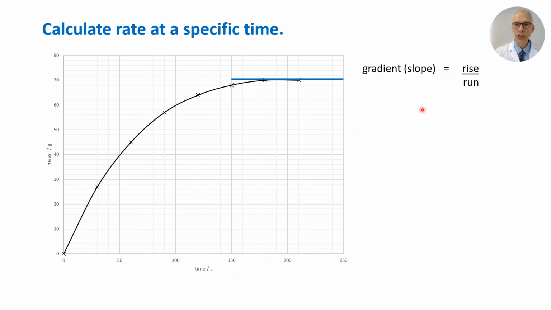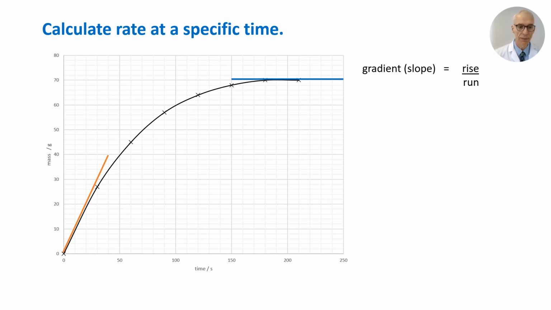So we can use the idea of the gradient of the tangent to the curve to calculate a rate at a specific time, okay? Not an average, but at a specific time. For instance, the initial rate at time 0. So I can draw a tangent to the curve at time 0. To calculate the gradient, I need to have the rise divided by the run, up divided by along.